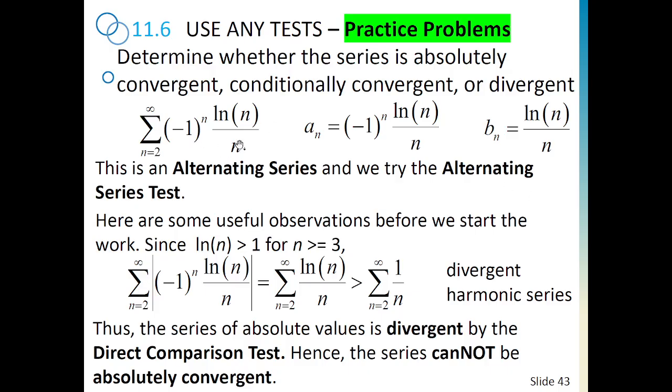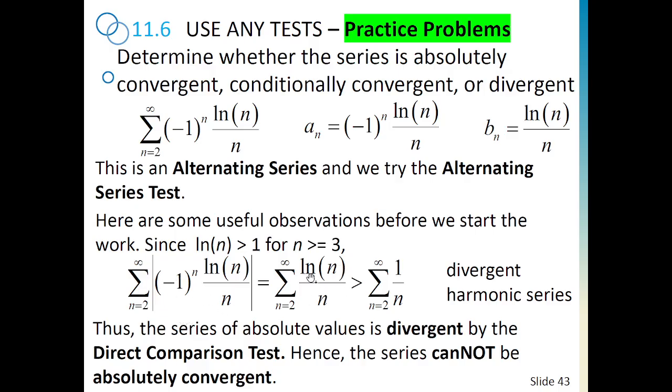Well, this is an alternating series. We could obviously use the alternating series test and see what happens. Just an obvious observation: if we want this to be absolutely convergent, we need to take the absolute value and see if it converges, so basically the sign will go.